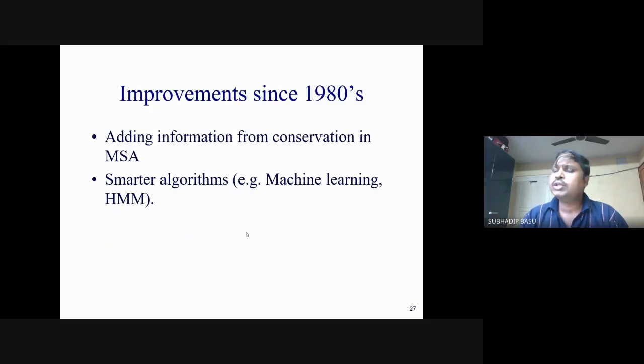How could we associate the conservation information? As you can see, there are local alignments of multiple sequences. If you can actually work with a group of closely linked sequences, then there is a very high chance that you can predict structural information of a sequence.